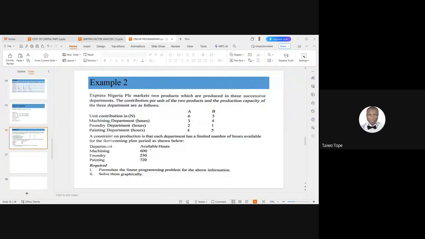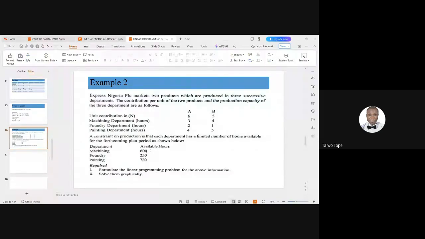Where you have demand, you have supply to make that requires more hours. It means you cannot go beyond these stated hours in the question. So these are the maximum you can afford. These are the limiting factors because there are more than one. So we use the linear programming model to see how we can maximize contribution.